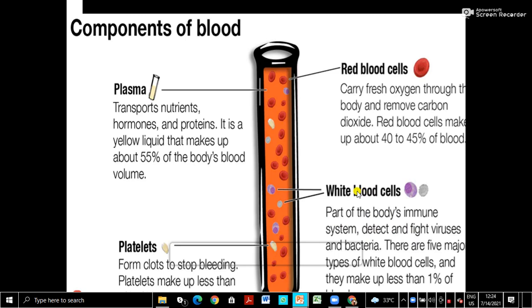I told you it is part of the immune system, and there are 5 major types of white blood cells, and they make up less than 1%. White blood cells are less than 1% because the immune system has other components also. Then platelets help in clotting, forming clots to stop bleeding when an injury occurs. This also makes up less than 1%.